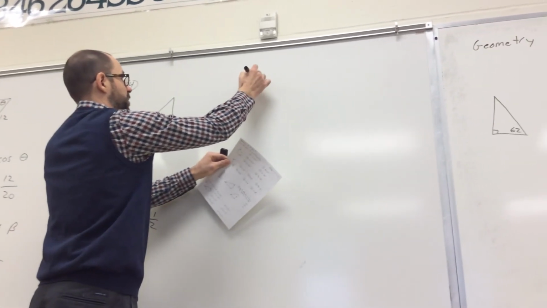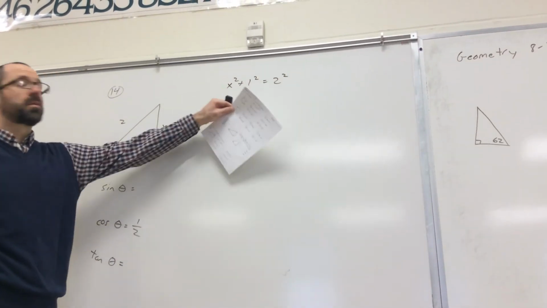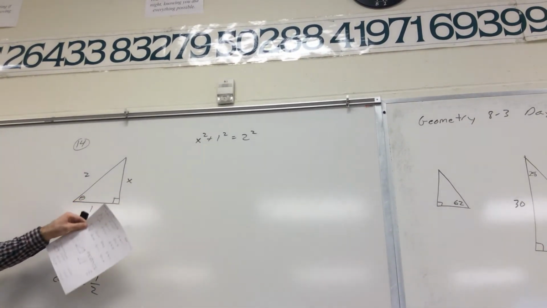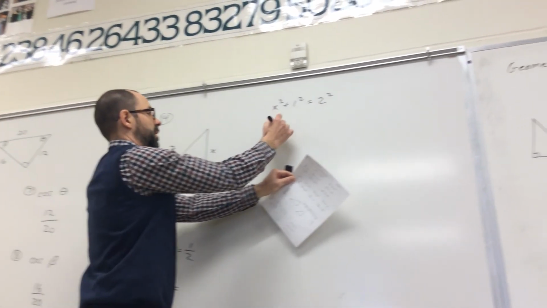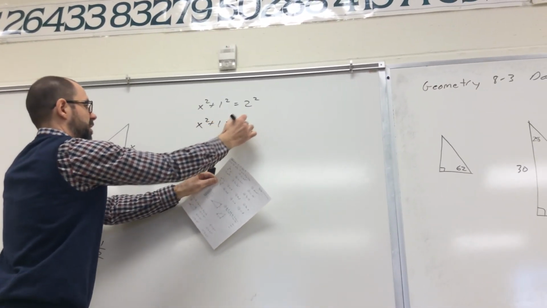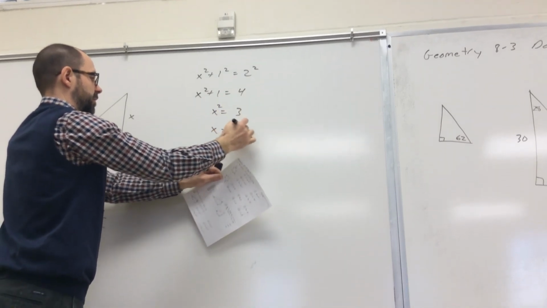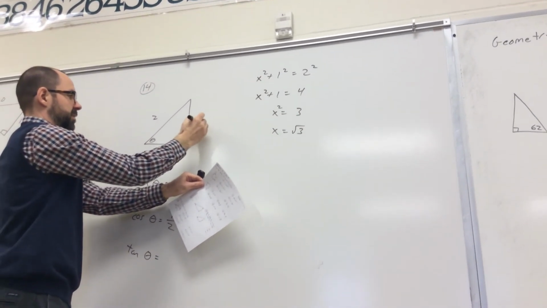So x squared plus 1 squared equals 2 squared. So x squared plus 1 equals 4. So x squared equals 3. So x is the square root of 3. So now we figured out that this side is the square root of 3.